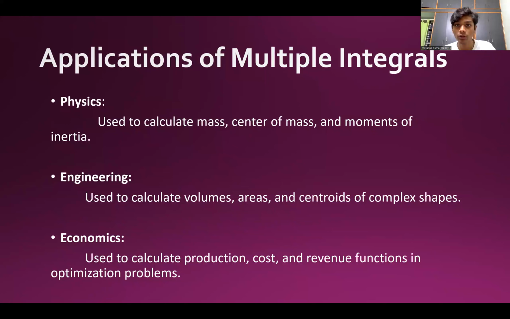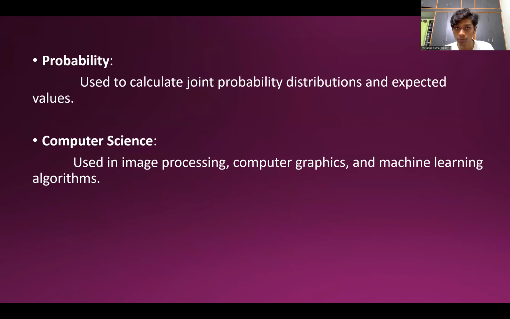And the applications of multiple integrals: in physics, they are used to calculate the mass, center of mass, and the moment of inertia. In engineering, they are used to calculate the volume, areas, and centroids of complex shapes. Complex shapes in the sense of a cube, cuboid, triangle, etc. In economics, they are used to calculate the production, cost, and revenue functions in optimization problems.